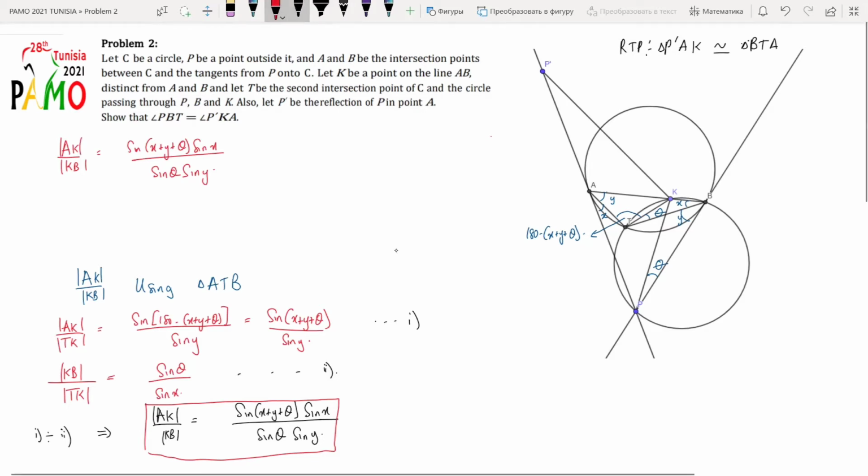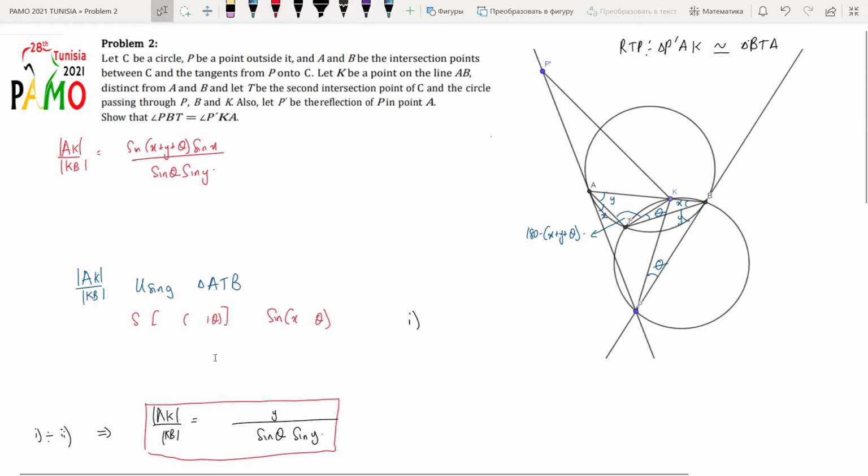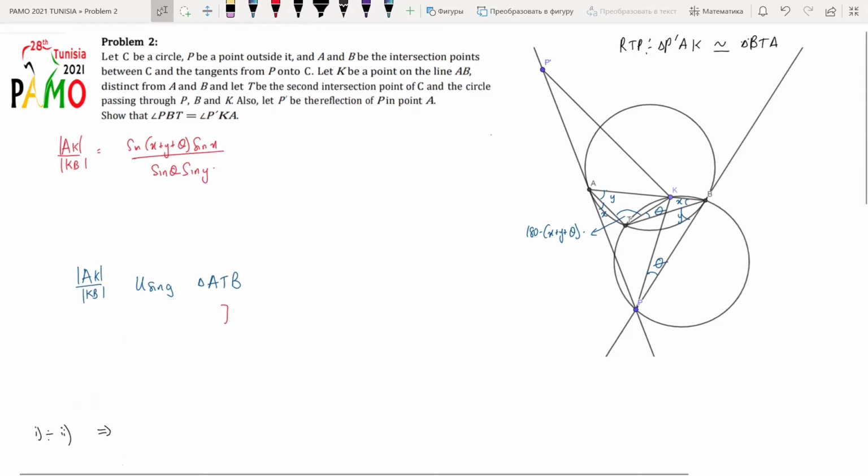We have found this in this triangle. So we're going to use the same idea to find this same ratio in the other triangle we're talking about, that is triangle PAB. We're going to use the same idea. Okay, triangle PAB.